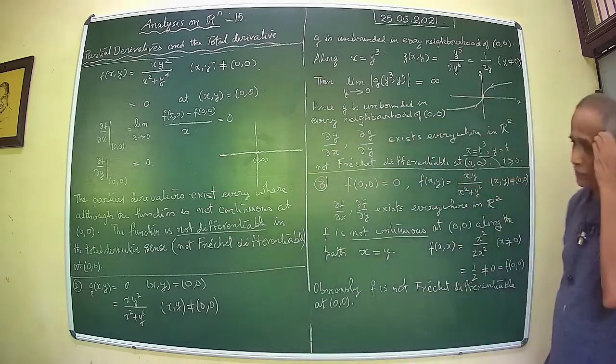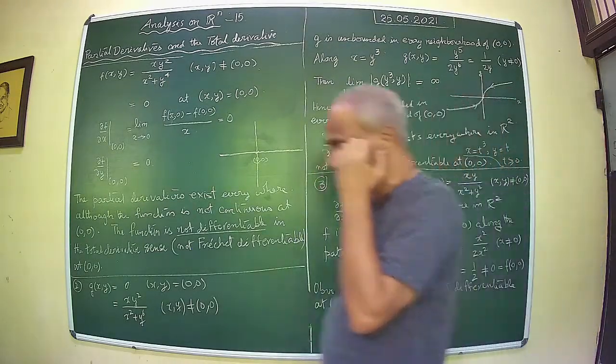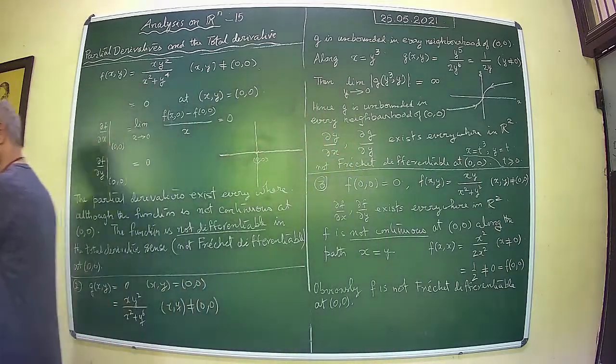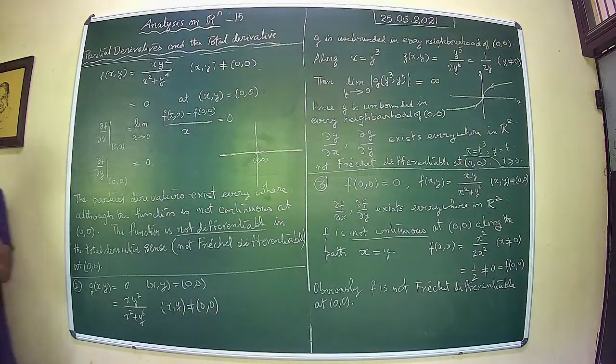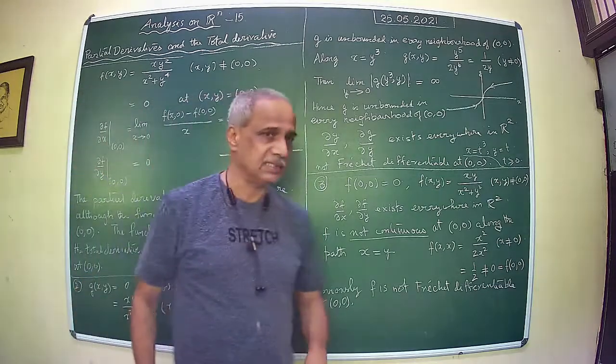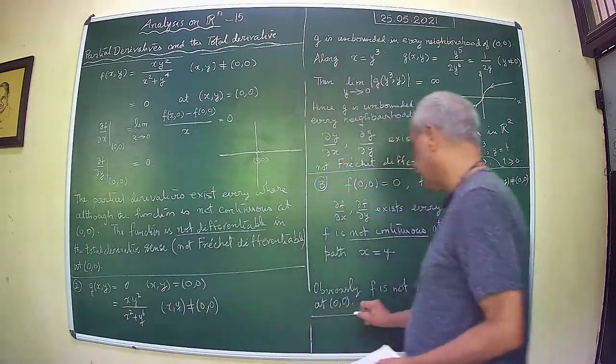Because the simple reason that if it is Frechet differentiable, then you see that the function is necessarily continuous. That's easy to prove. I think we have proved it earlier.